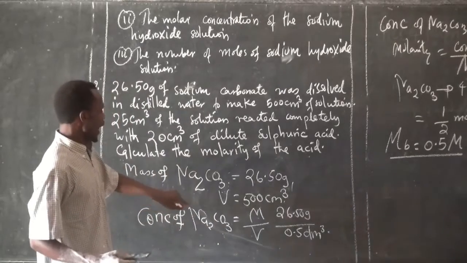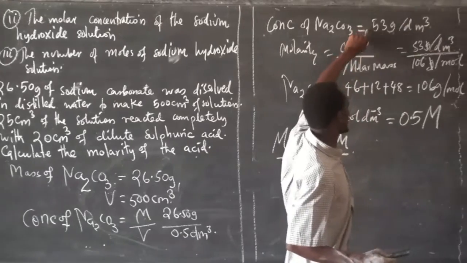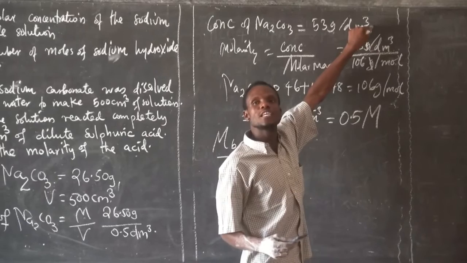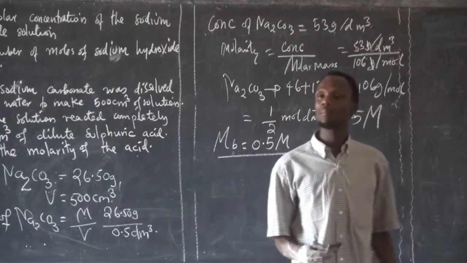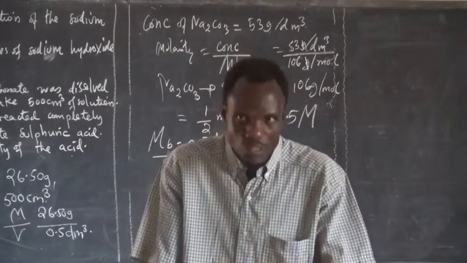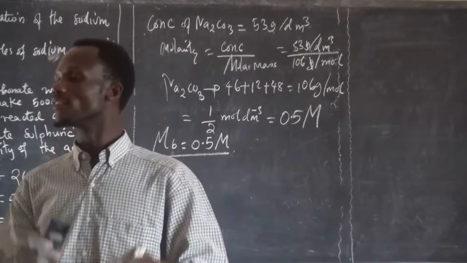But after we have made this solution of this concentration, we took 25 cubic centimeters. It is just like preparing juice. You have prepared a jug of juice with suitable concentration.